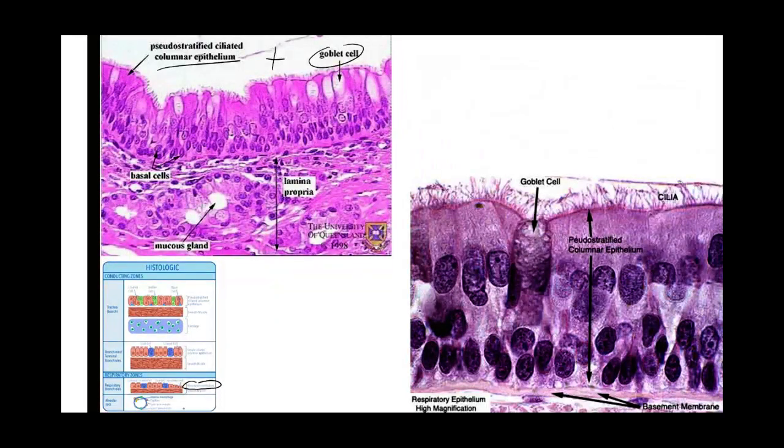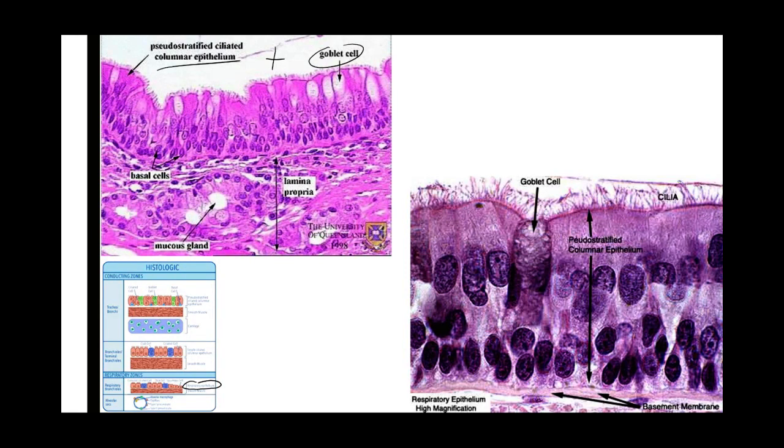In the case of the respiratory bronchioles, there are no longer goblet cells, so it would be like ciliated cuboidal or ciliated columnar. That might be a Dr. Meek question. I might check with him on that.